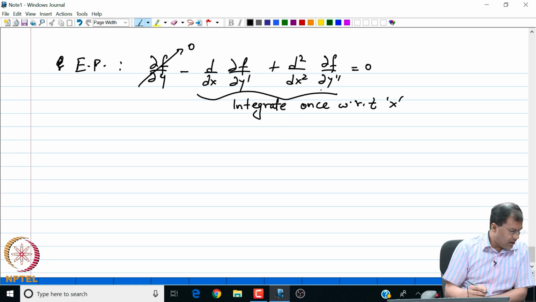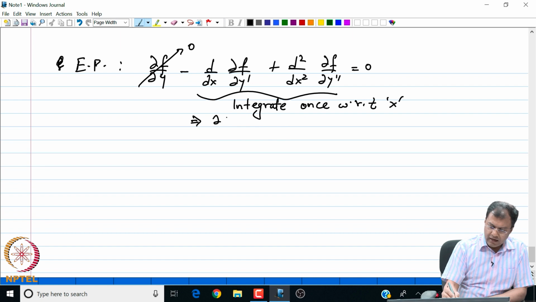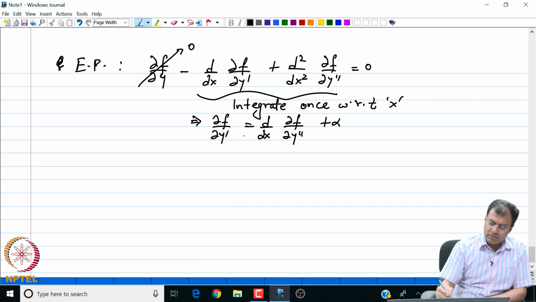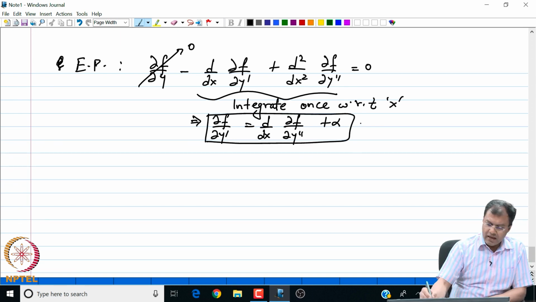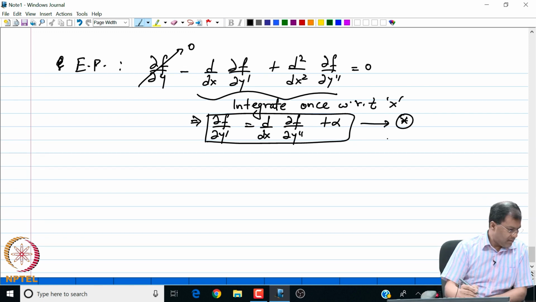We see that this becomes the following: partial f partial y prime is equal to d dx of partial f partial y double prime plus alpha, which is my constant of integration. Let me keep it as it is, calling this star.